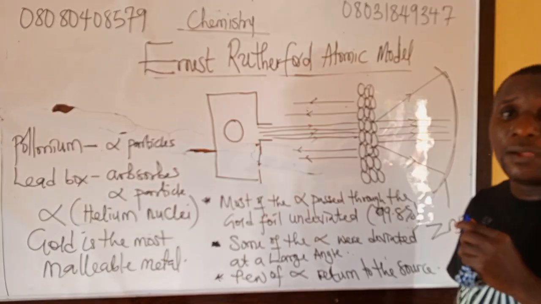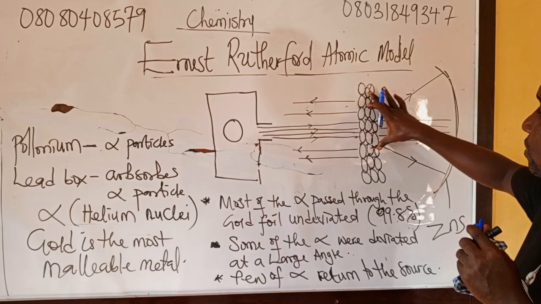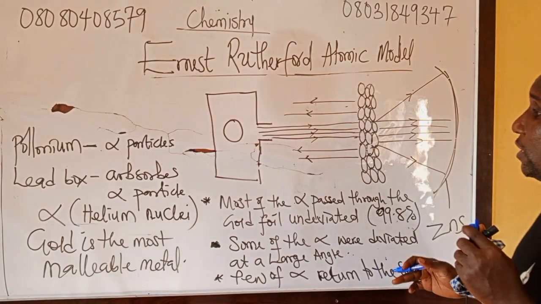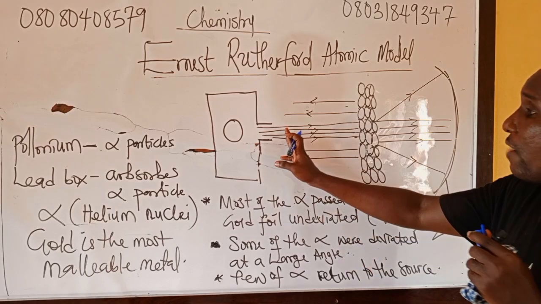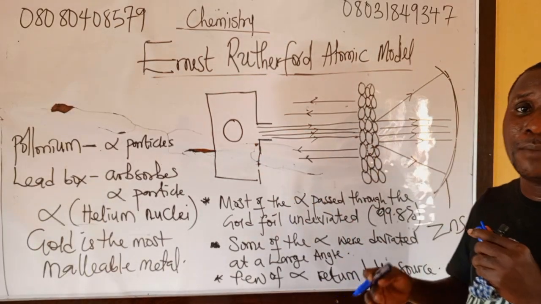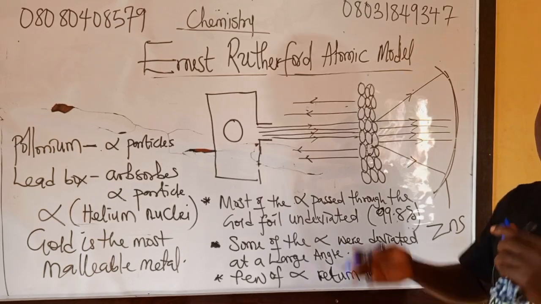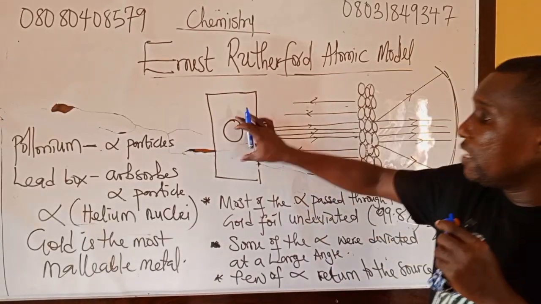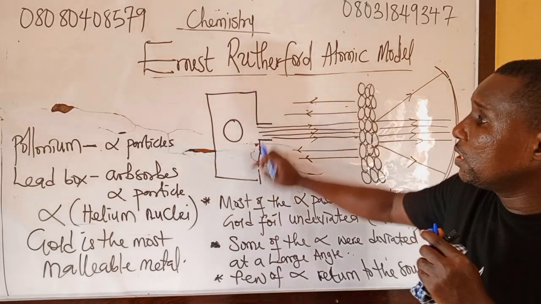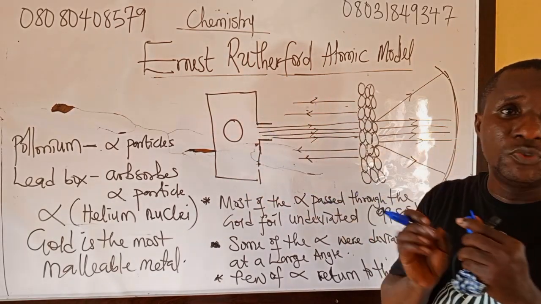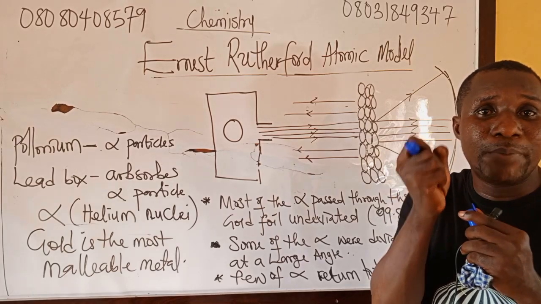He used gold foil. Why? Because gold is the most malleable metal. Alpha can easily pass through it. He used polonium because polonium can produce alpha helium nuclei. Then he put the polonium inside the lead ball because lead can absorb alpha particles.